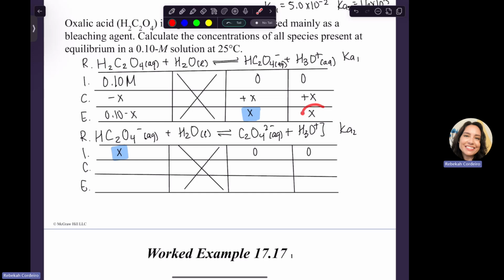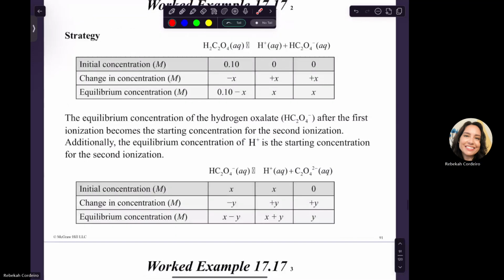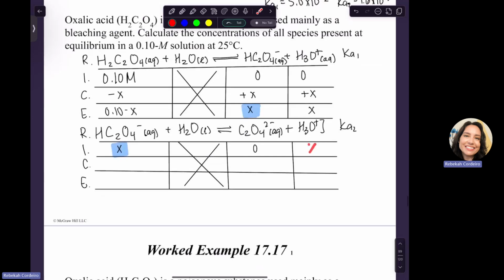At the end, we would add up here and here. Well, I guess we could get a total. So you could technically, let's see, what did they do in the textbook? They go with x. Okay, so this is x here, and it comes from this being the hydronium here.